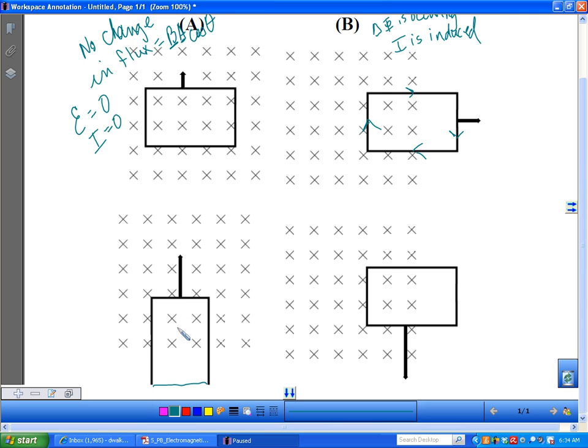So my thumb needs to point out of the page, and my fingers need to curl in that direction. So there's my induced EMF. Here I'm moving it along the edge of the field. There is no EMF induced, so there is no current induced, because the amount of field in the area is remaining constant.